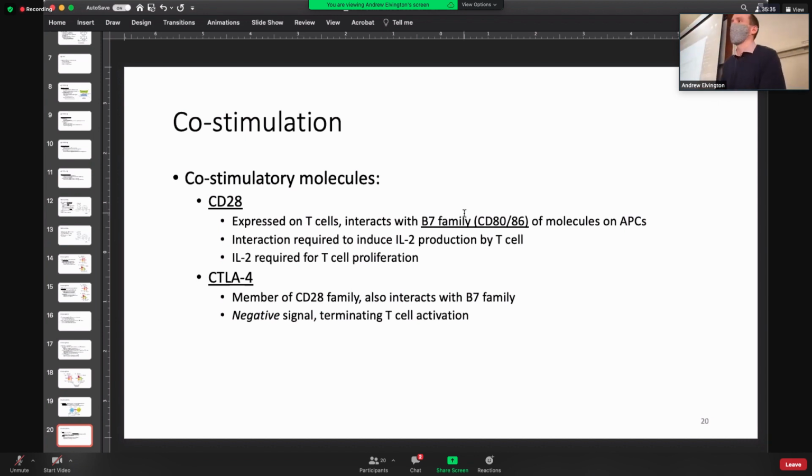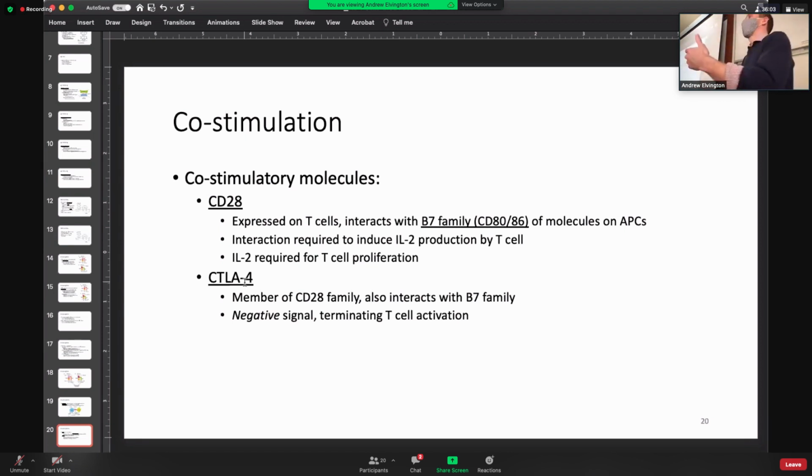The B7 family are going to be ligands for the CD28 that are expressed on APCs. For a T cell to get its full and complete activation, CD28 needs to be engaged, because what that does is it induces the T cell to produce IL-2. And if you recall from chapter 12, IL-2 is a cytokine that drives T cell proliferation.